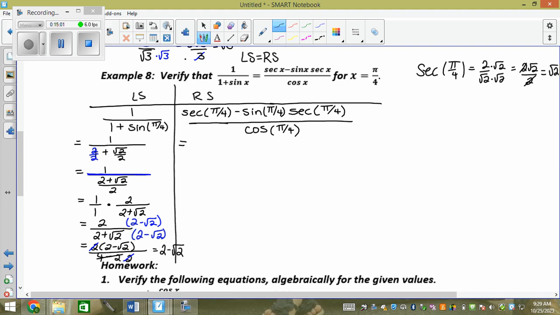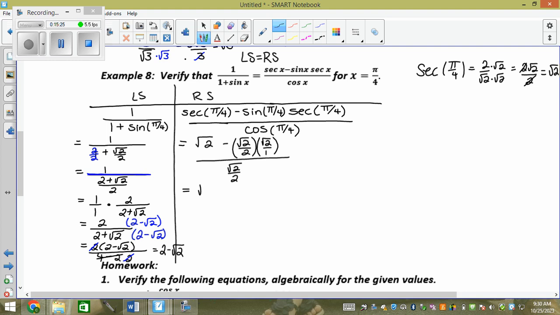I'm going to do all the hard work off to the side. So I'm going to get root 2 minus root 2 over 2 times root 2 over 1, all over root 2 over 2. I cannot flip that root 2 over 2 until my full numerator is a full fraction. So what happens in this numerator?